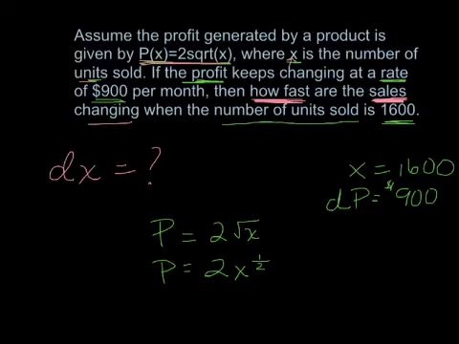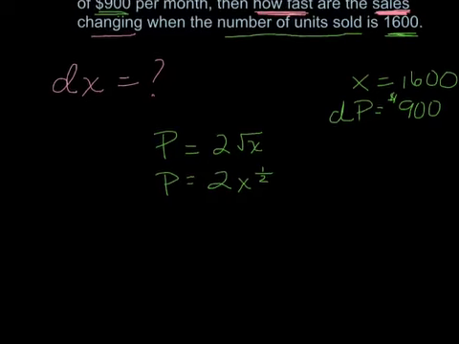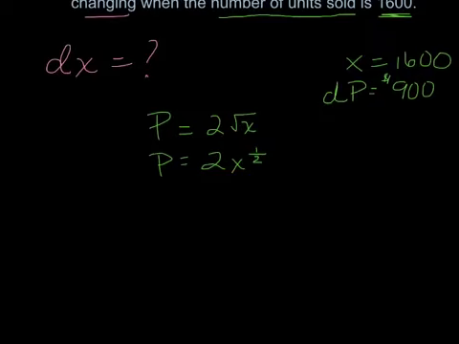All right, so same thing as we did last problem. I'm trying to find dx, the derivative of x. So I need to take the derivative of this whole equation. So the derivative of p is dp. Now when I take the derivative over here, 1/2 comes forward. 1/2 times 2 is 1. So I have x, and then when you subtract 1 from your exponent, you get negative 1/2.